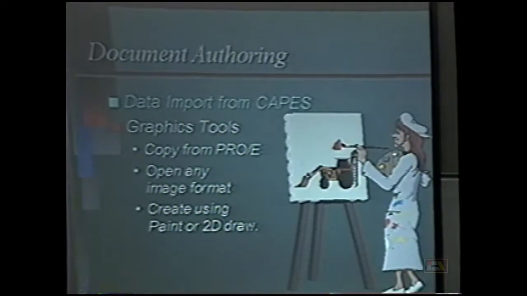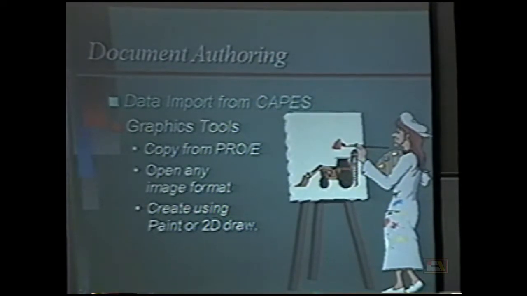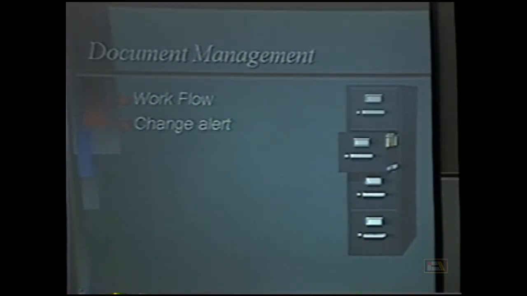You get that little change alert box that we'll show you in a few minutes. You have history and revision control, effectivity date publishing, access control, icon management, and templates. Very important tools to increase the productivity of creating the OMS sheet.